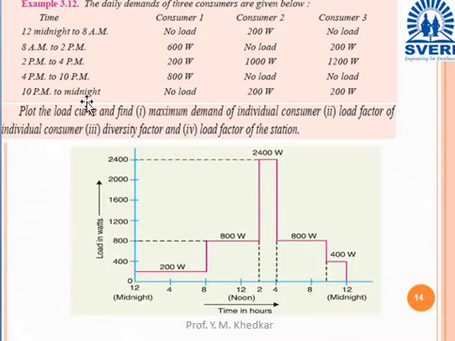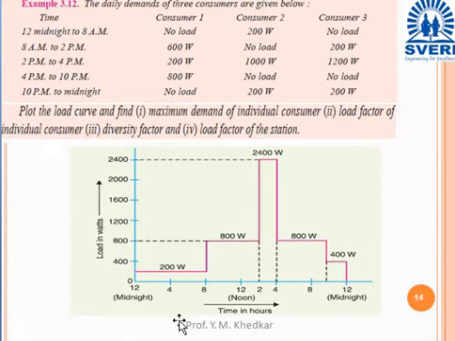And 10 pm to midnight there will be no load at consumer 1, but consumer 2 and consumer 3 are going to get 200 watt individually, so that will be 400 watt. So here the last column will be 200 watt, 800 watt, 2400 watt, 800 watt and 400 watt, and that particular data is for this time slot.